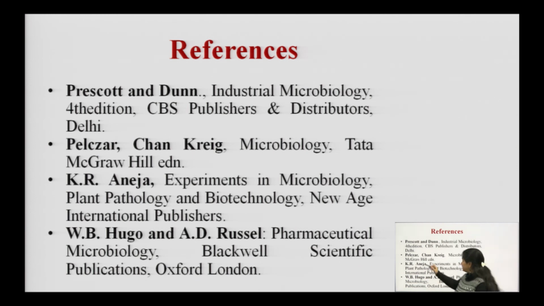These are the references you can follow. The best book I always recommend to students is Kier Aneja, which is mainly based on experimental grounds, and you will be able to easily learn counting techniques, how we can determine the number of microorganisms within whatever culture media we want to quantitatively estimate.